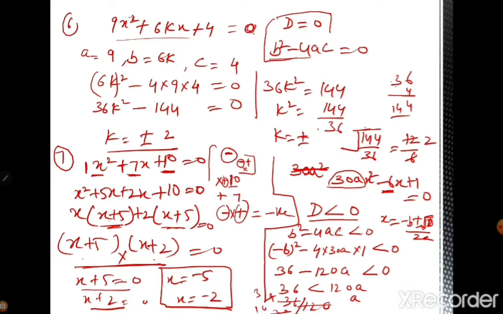So we got 3 by 10 is less than a. Or you can say the value of a is greater than 3 by 10. So for that value, the given quadratic equation has no real roots. So a should be greater than 3 by 10.